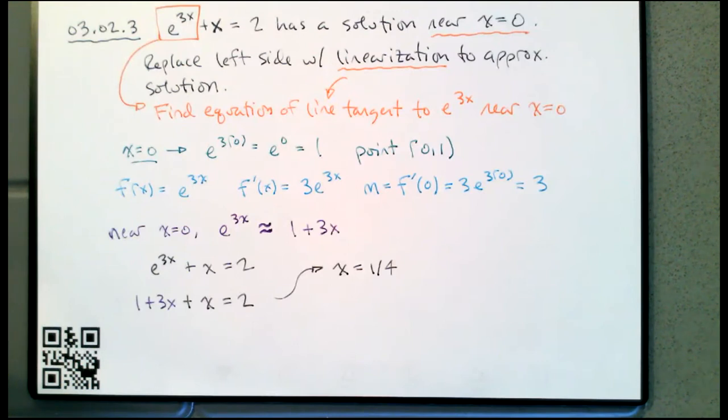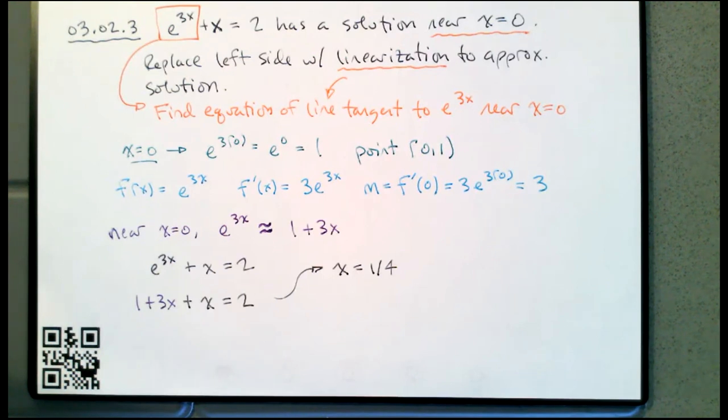When you write down near x equals 0, e to the power 3x, how do you get approximately 1 plus 3x? 1 plus 3x is the line tangent to e to the 3x near x equals 0.